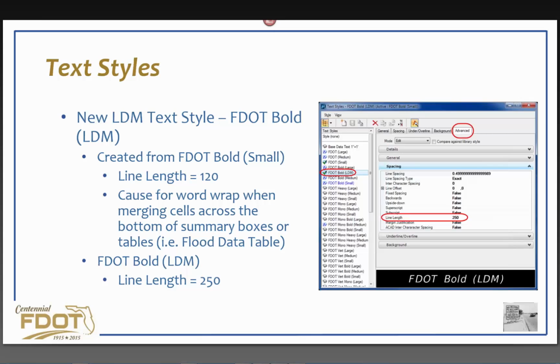It just wasn't justified correctly within the box. The cause of that was the text style that we were calling for in our XML settings file was the FDOT bold small, and that has a line length of 120 characters.